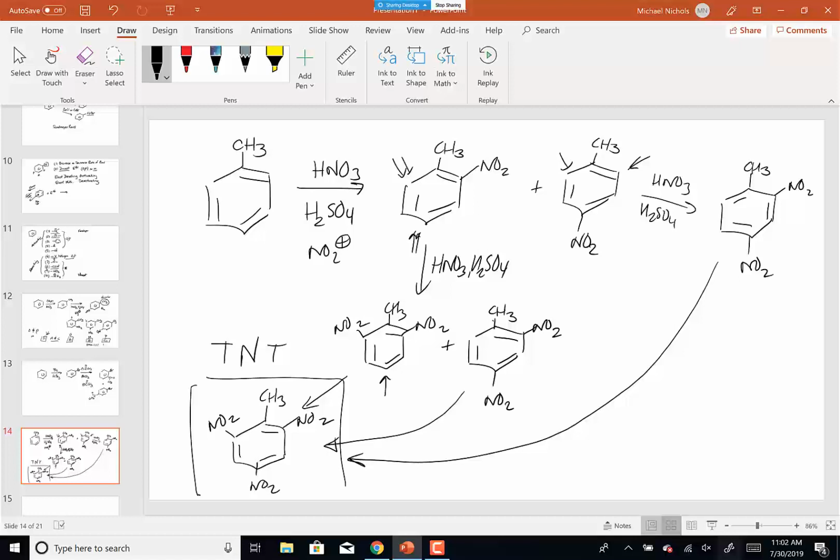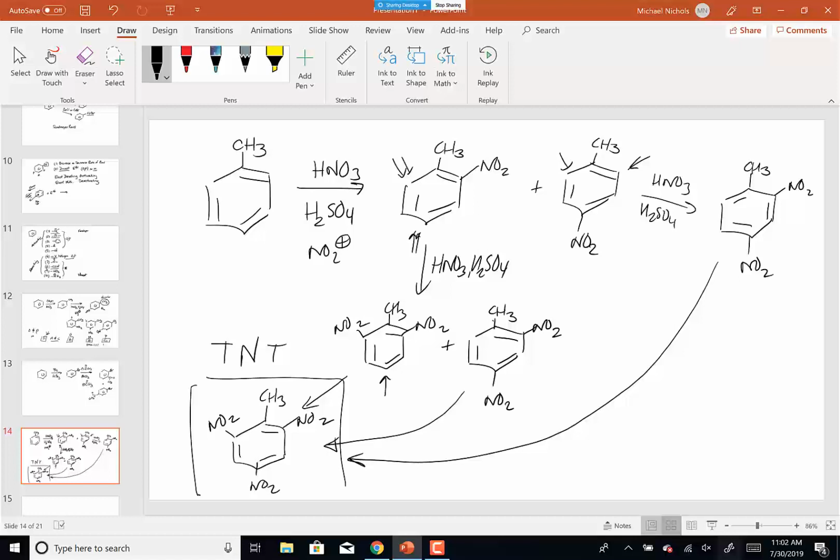No, that's the point. The point was to get to that. So to make TNT, this is how you would do it. Now there's a reason why this is great on paper and not great in real life: the difficulty in making TNT is every time I put a nitro group on the ring, what have I done?